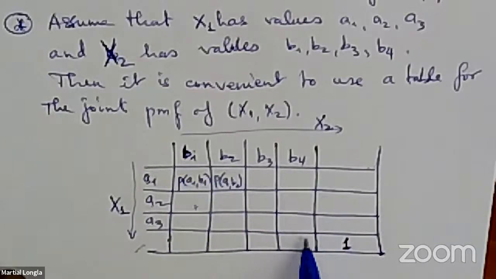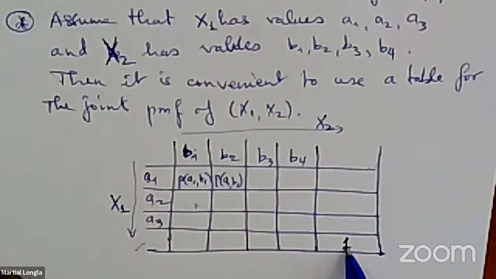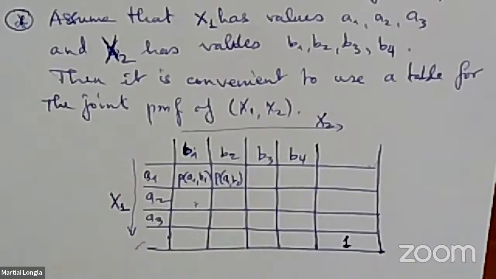Everything that I put inside this table, excluding this row and that column, must add up to 1 because it's a probability distribution function. So the sum of probabilities of all possible pairs is equal to 1. And that 1 is reflected here when you draw that table. You make sure that you get that 1.